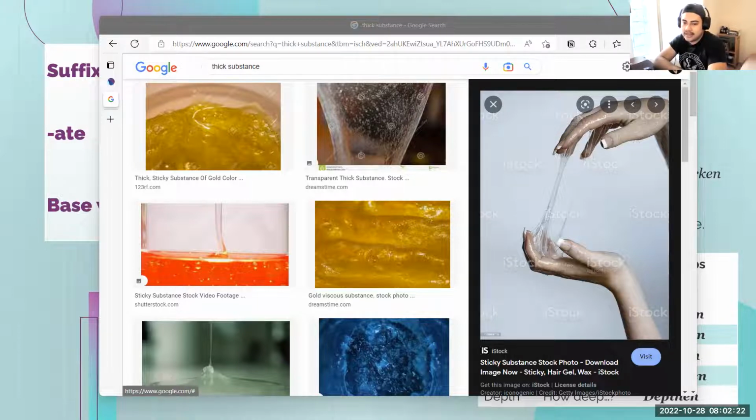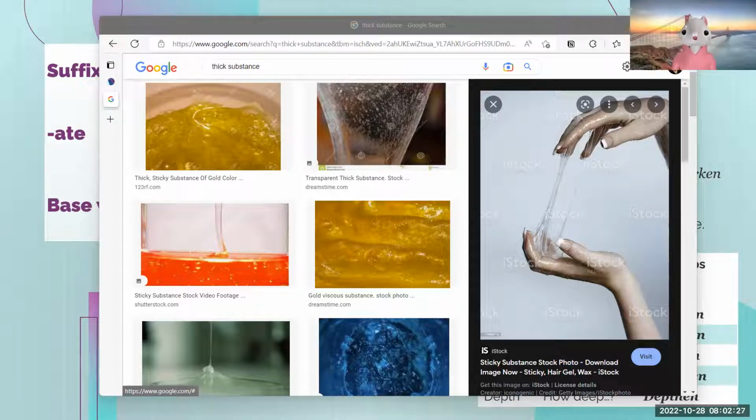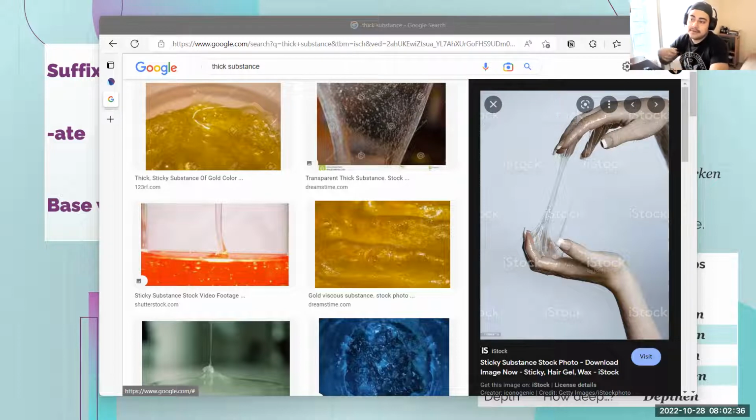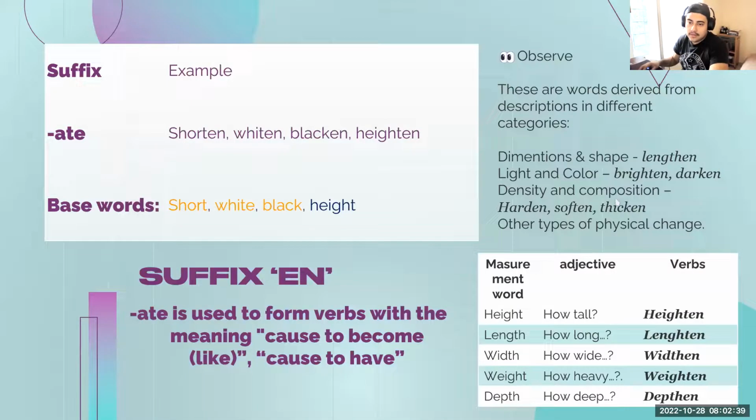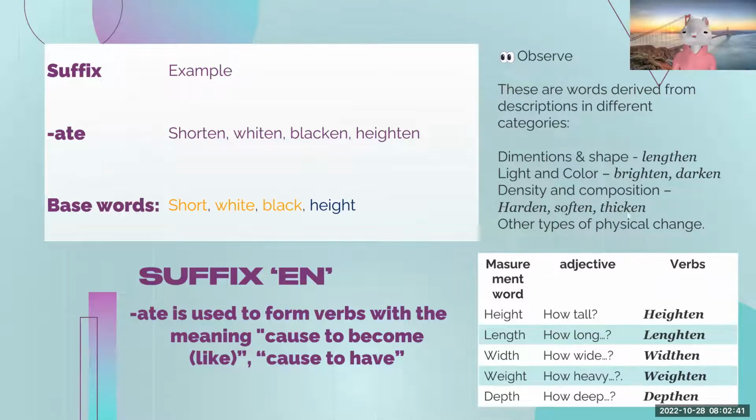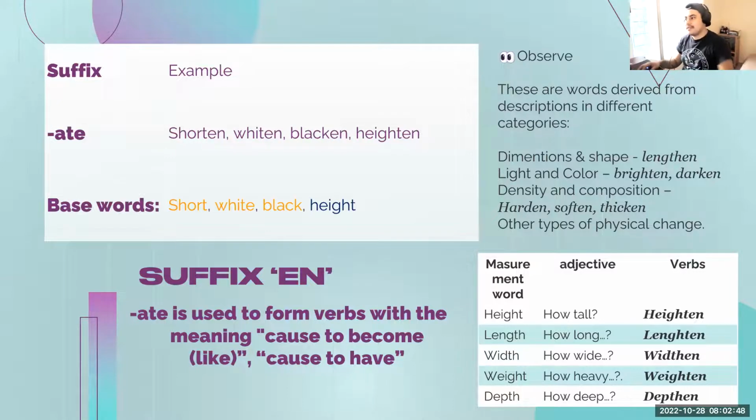Who needs to thicken, you or the sugar? The sugar. Watch out, thick is the description. The verb is? Thicken. The sugar needs to thicken for the cover of the flan. Exactly. Very good example.